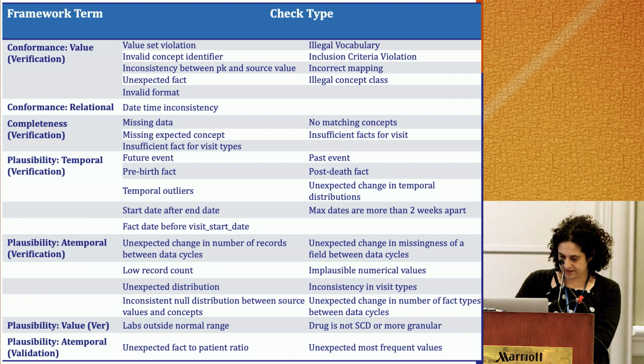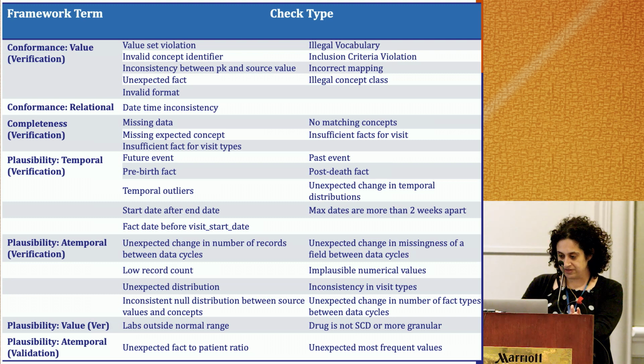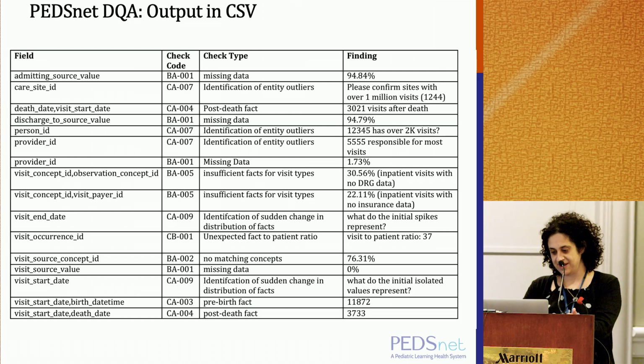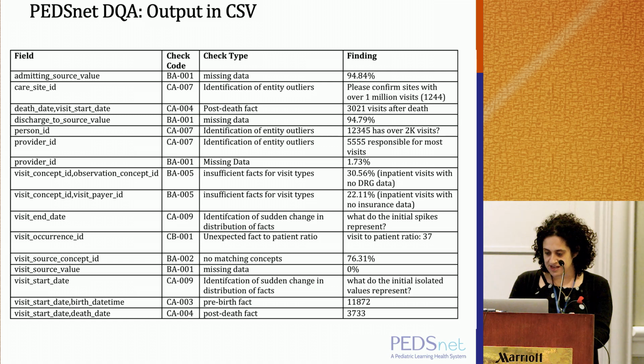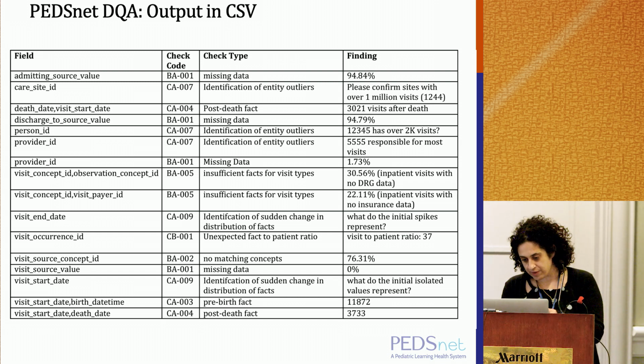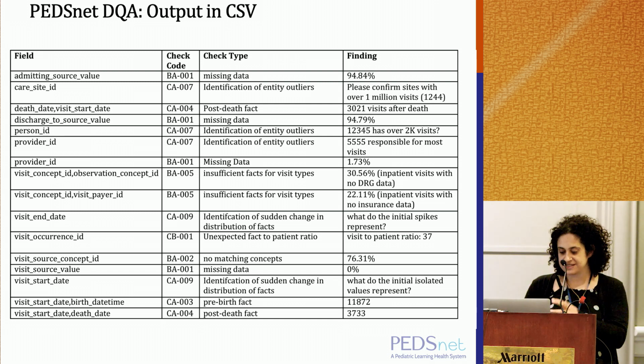It's kind of small, I don't know if you can see it, but there's the check code, the check type, for example value set violation, what it defines, what the function is, the framework from the Michael Kahn harmonized terminologies, what it returns, the number of required tables, the number of required variables, and whether we've automated this or not. So this is our DQA catalog that you can look at to see if there are check categories you are interested in learning more about.